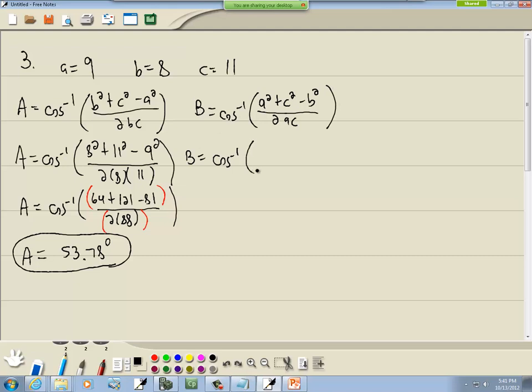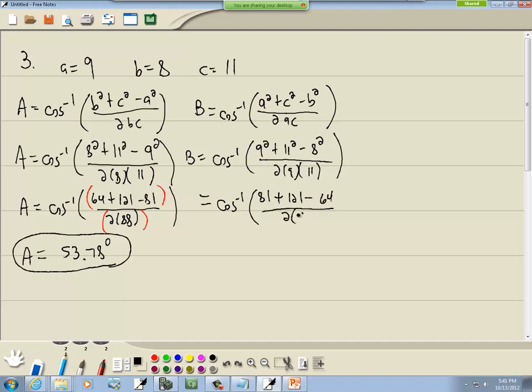So we have inverse cosine, 9 squared plus 11 squared minus 8 squared over 2 times A times C. I'll do a little bit of simplifying before I plug it in. 9 squared is 81, plus 11 squared is 121, minus 8 squared, which is 64. And this is 2 times 99.